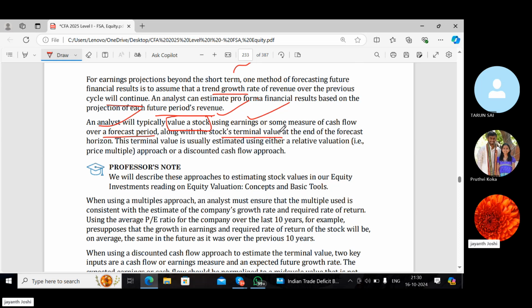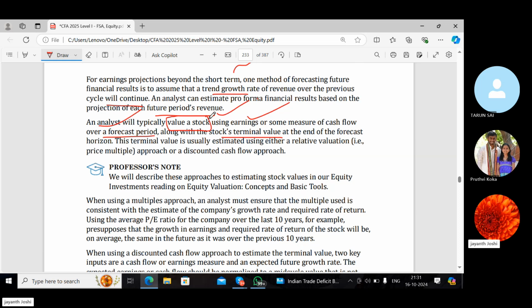Terminal value is nothing but the value which a stock may have on the last day of the period you want to hold it for. A stock doesn't have a maturity, but you have set a horizon. You want to hold a stock for some 5 or 10 years, so on that particular date, what its value can be, you are forecasting. That's called the terminal value.